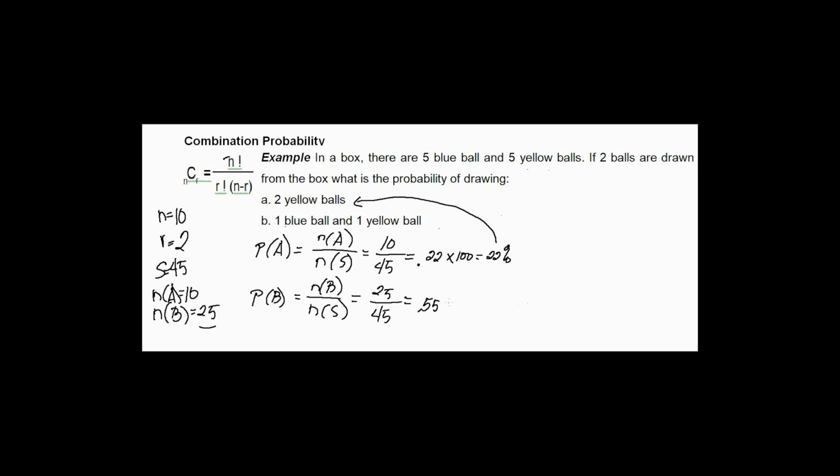Since it is a decimal, we convert this into percentage form by multiplying by 100. So the probability of event B happening, drawing one blue ball and one yellow ball, would be 55%, or specifically 55.55%. So that's how you solve for the combination probability.